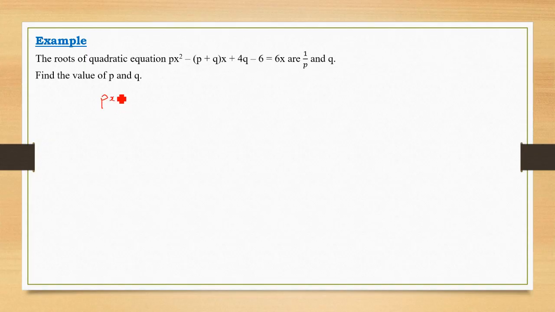So let me write the question first. Okay, this is your question. Bring across the 6x because you must have 0. So what we have is px squared. When you bring across the 6x, it becomes negative 6. Since I have taken out the negative, it becomes (p plus q plus 6)x.